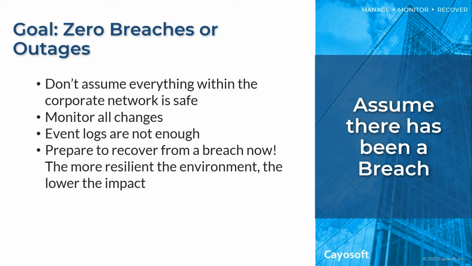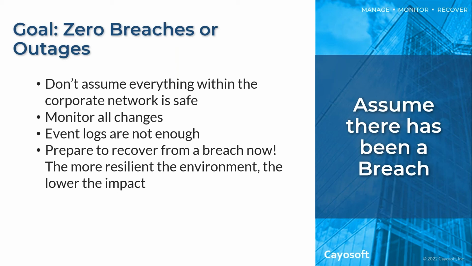And also, if somebody's breaching your environment, one of the things they're going to do before they do any nefarious stuff is try to blind you. They're going to try to wipe out your event logs or tamper with them so that you can't see what else they're doing, right? That's a key piece to how breaches typically work. Those threat actors will spend a lot of time making sure that they cover their tracks. So be prepared to recover from a breach.